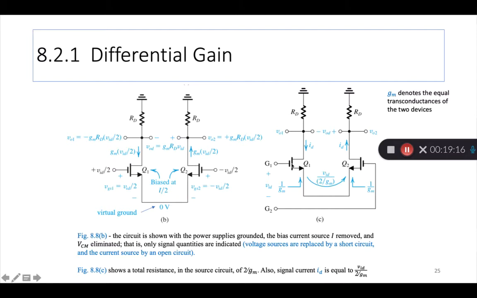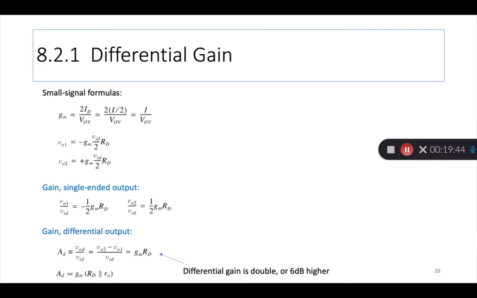And the signal current ID, which is these currents, can now be shown to be VID by 2 by GM. Okay. So that's one more way of visualizing what happens in the small signal domain. Okay. So that is about the simplified version of the small signal.